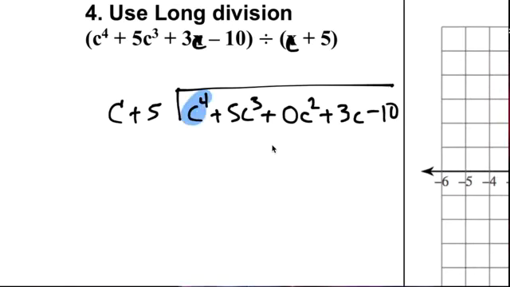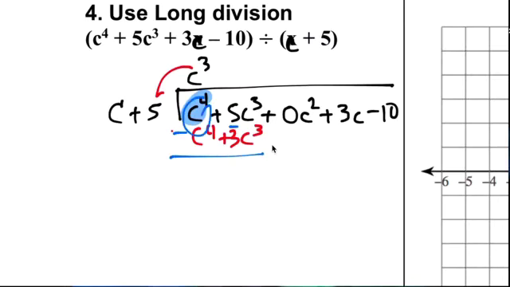Goes into here. C to the third. You get c to the fourth. This times that is 3c cubed. Okay, and then you would subtract them to 0. You get 2c cubed. Bring down the plus 0c squared.